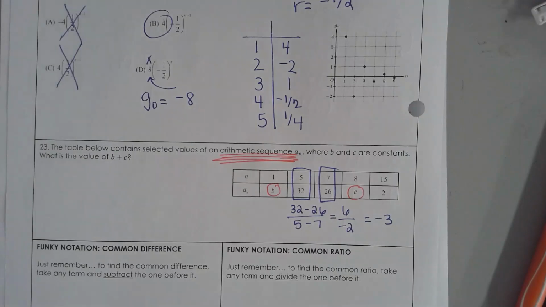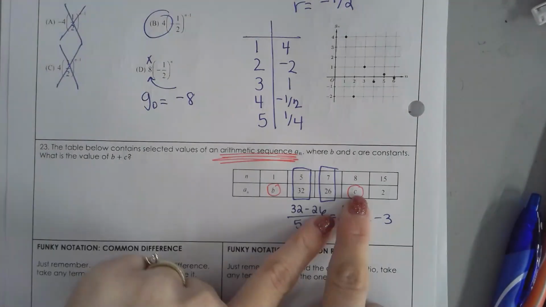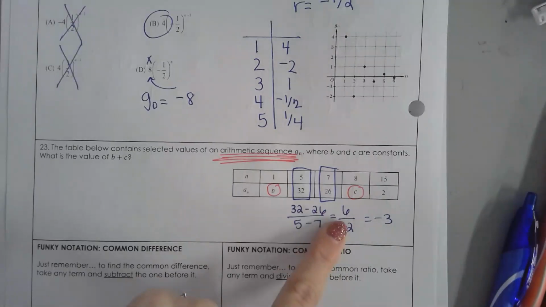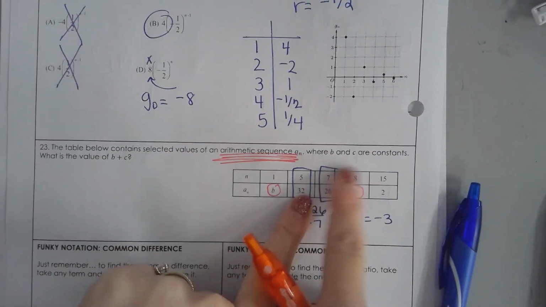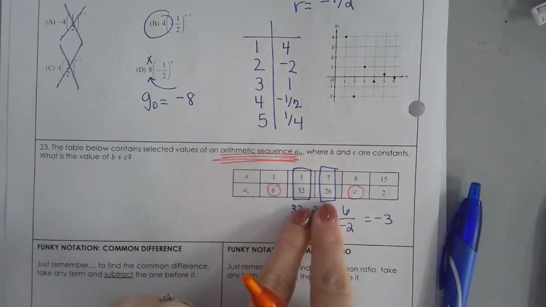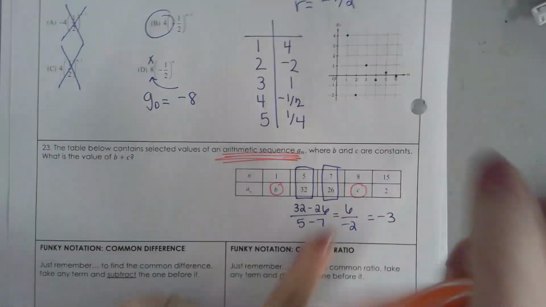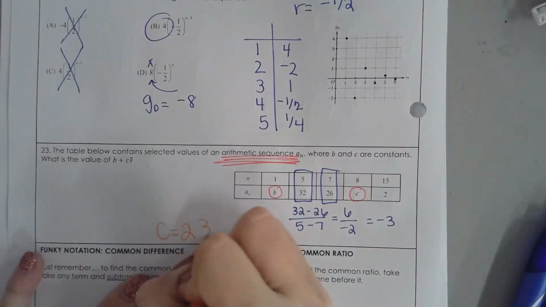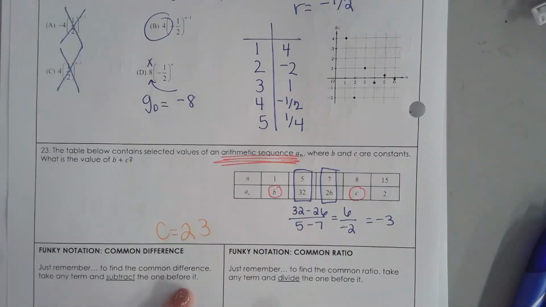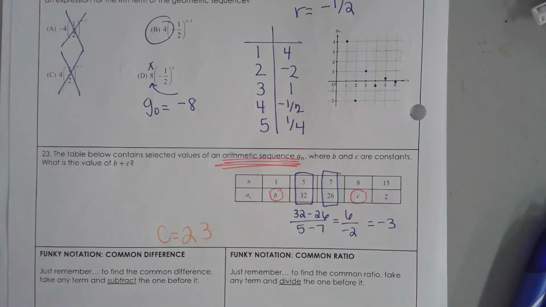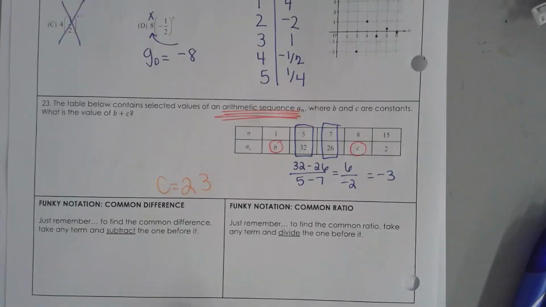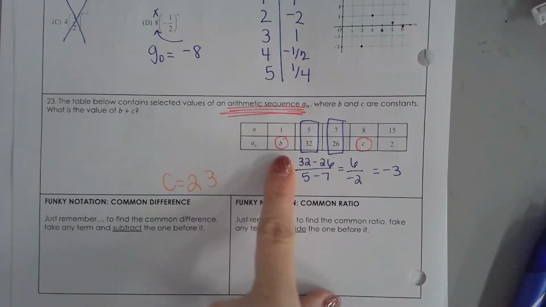Okay. So to get C, that's easy, because that's the 7th term to the 8th term, it's got to be 23, because it's subtracting 3 every time. You could just count your way backwards to get to term 1, to get to where B is.